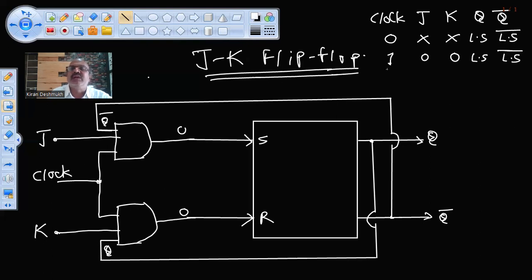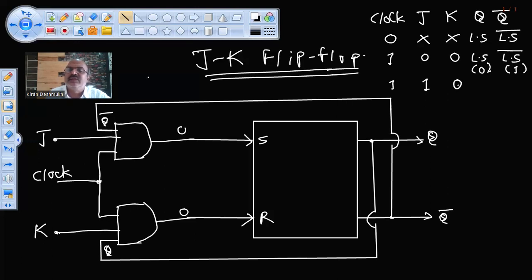Let us assume that the last state is Q 0, and therefore Q bar will be 1. You can assume in the opposite manner also, that is Q 1 and Q bar 0. Doesn't matter.